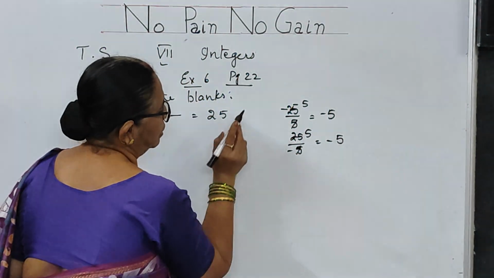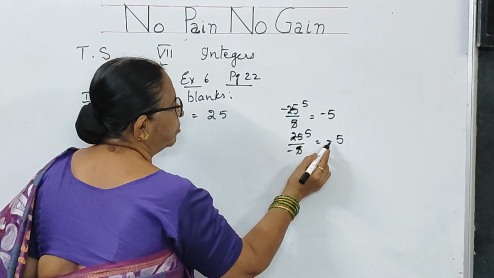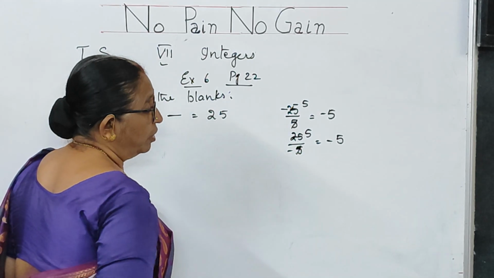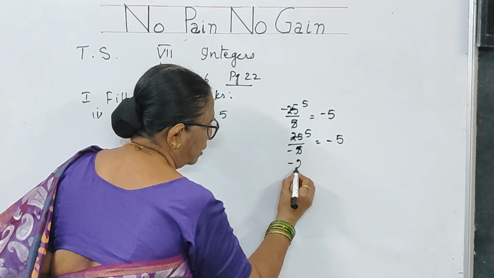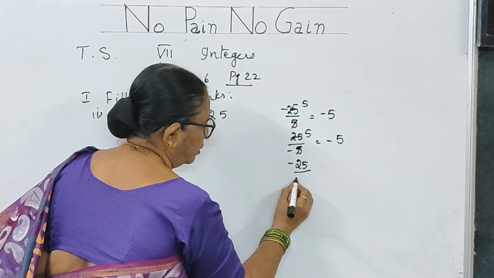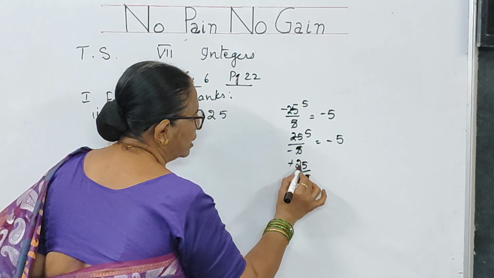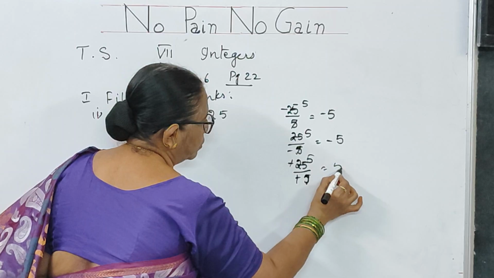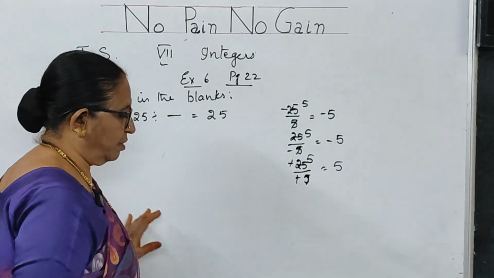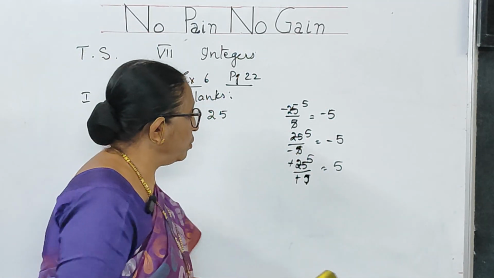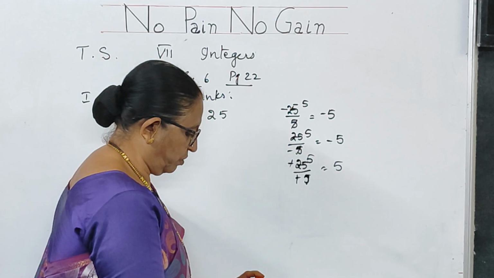So whether the negative sign is in the numerator or in the denominator, the solution should have a negative sign only. In case you have a negative sign in the numerator as well as the denominator, these two will get cancelled, and then you are going to get a positive sign. This is a small recollection of what we have done earlier, children.